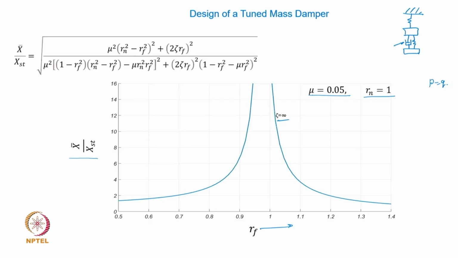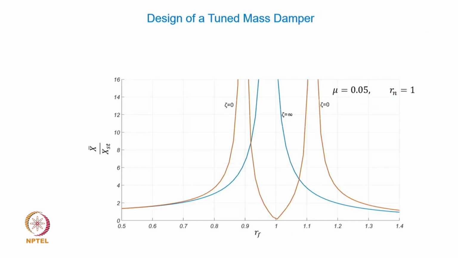Now if I take the other extreme value of the damping ratio, that is 0, you expect two different systems vibrating together, and so you expect two natural frequencies, and that's what you have: one resonance here and another resonance here, for different Rf values, instead of one for a damping ratio of infinity.